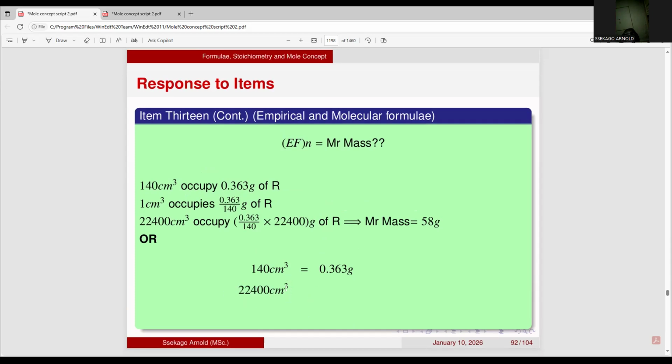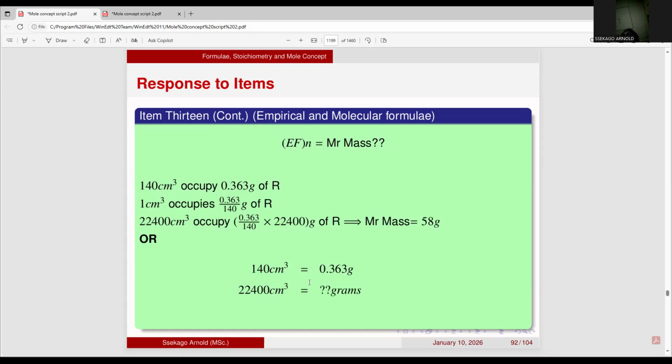Because this standard is the one that represents molecular mass. You may ask me, why are you now bringing the standard which was not given in the question? It was not given in the question, but it may be on the front page of the question paper. It may not be given directly, but this standard is the one that represents 1 mole, which is molecular mass.